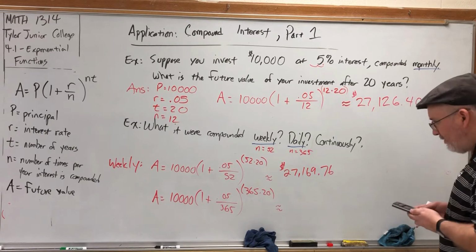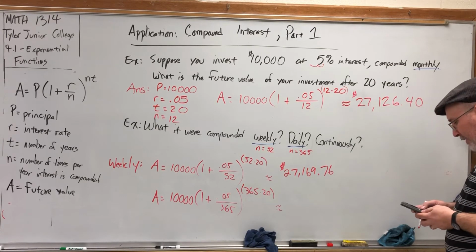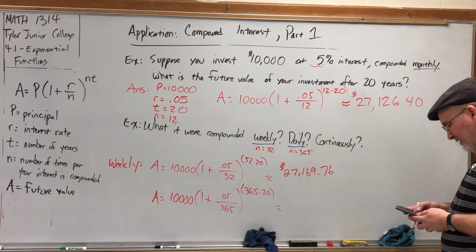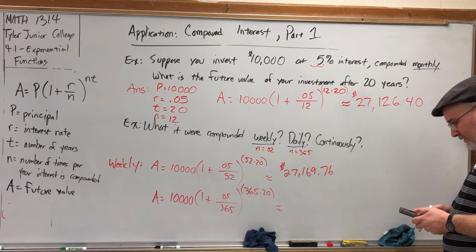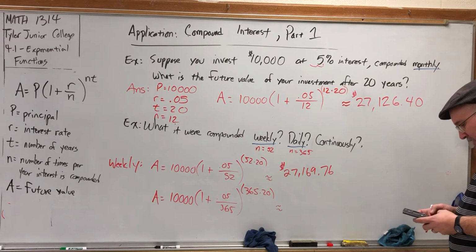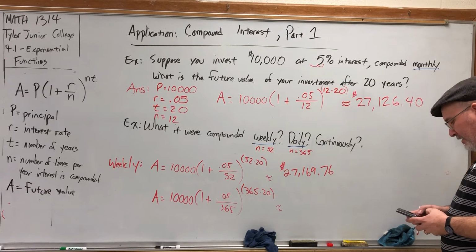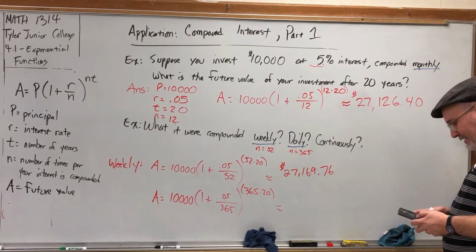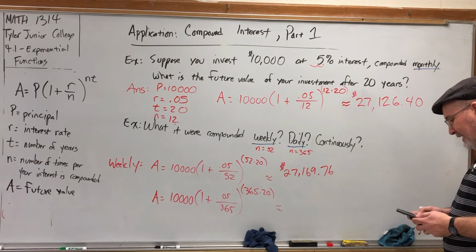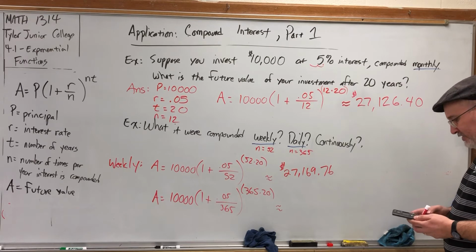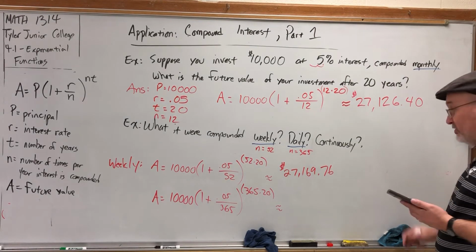And then for the daily, maybe that'll be a lot more. Let's see, 365. In this particular calculator, I can just copy the original problem and edit it. But, you know, if you don't know how to be fancy with a calculator like that, just retype the whole thing. And if it's a display calculator, look at it and make sure it's typed in correctly.